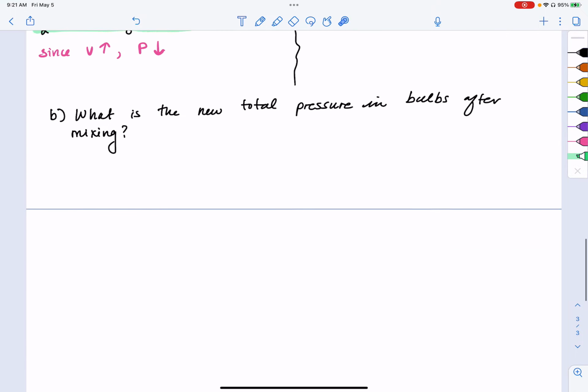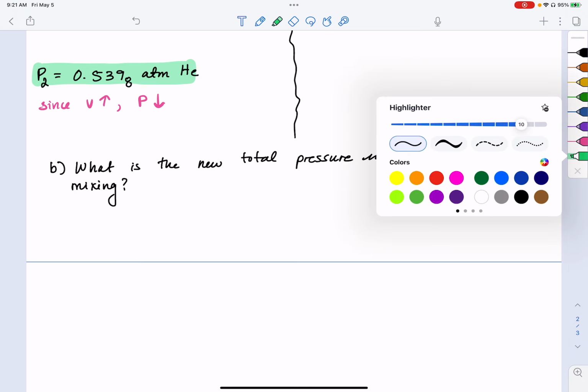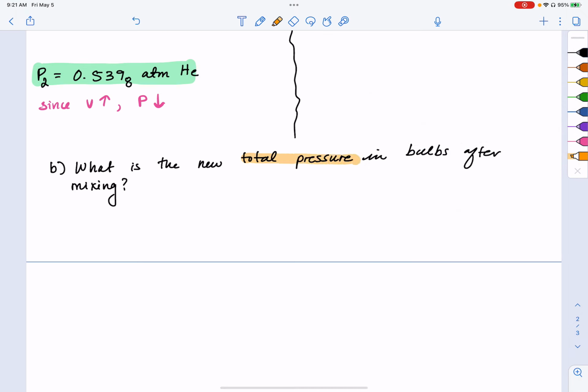And there's a couple of different ways we can do this. So the first is by recalling that since we're looking at a total pressure, this means that we're looking at Dalton's law of partial pressures, which says that the total pressure in the bulb is going to be the sum of the pressure from the helium gas and the pressure of the hydrogen gas.